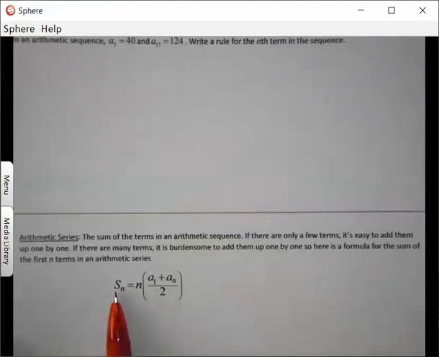So S sub n, this stands for the sum of n terms, will be equal to n times a sub 1 plus a sub n divided by 2. Or another way to say it is, the sum of n terms is equal to the number of terms times the first term plus the last term divided by 2.